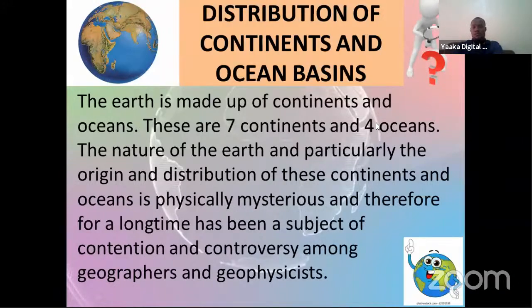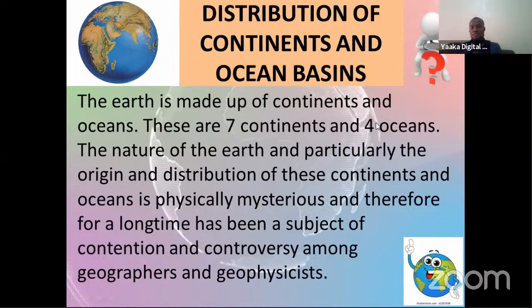So here we are looking at the Earth made up of continents and oceans. 7 are continents, 4 are the large oceans. The origin and distribution of these continents and oceans is basically not clear. It is not clear where they originated from, but scientists have put up different origins.